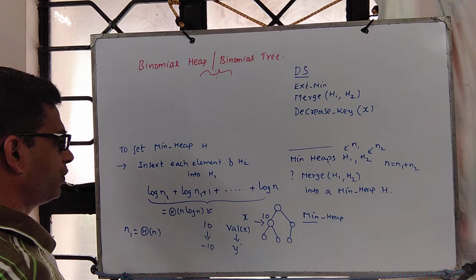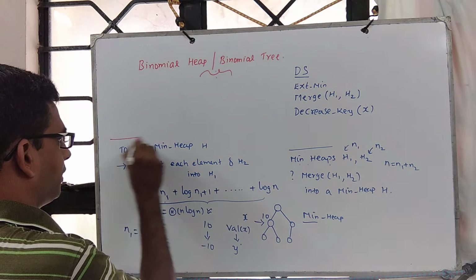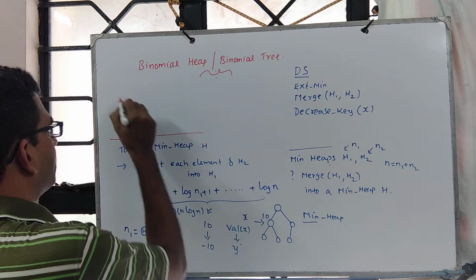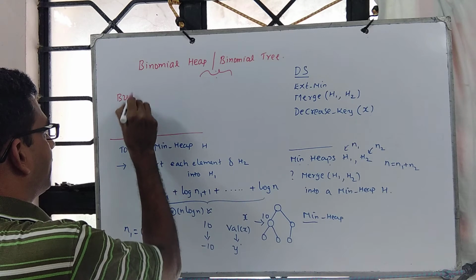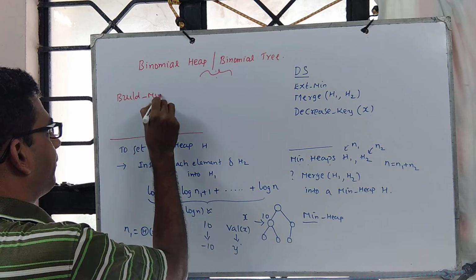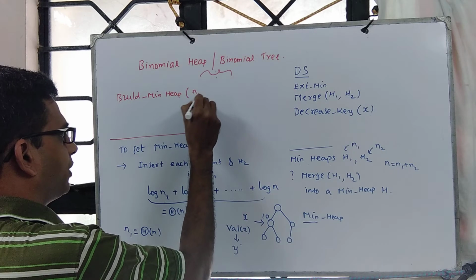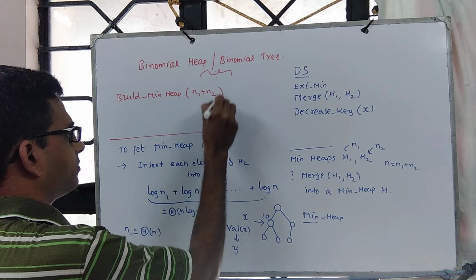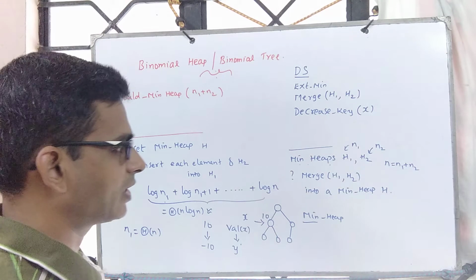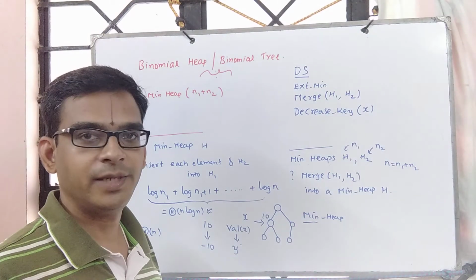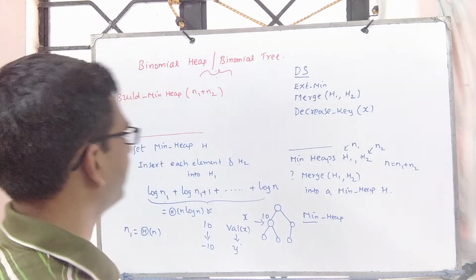Or you can also do this. Simply build a min heap using n1 plus n2 elements. You construct from scratch a heap on n1 plus n2 elements.